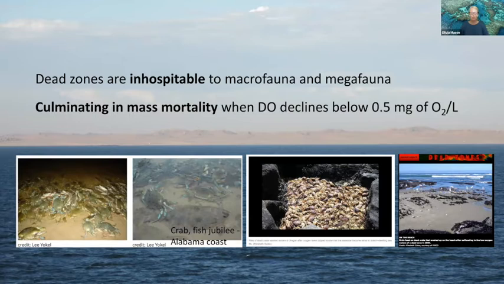So you'll find that there are crabs on shore, and even fish sometimes participate in these jubilees where they go to an environment where they can obtain oxygen, right? Often that's just going onshore or near to onshore. This is a crab and fish jubilee that happened off the Alabama coast.